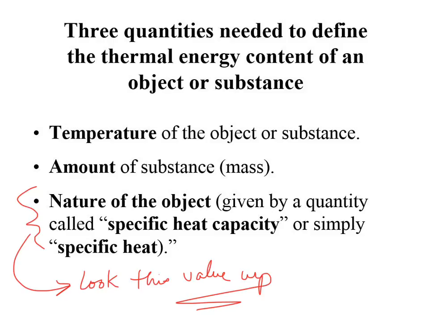You could Google that, and it would tell you what the specific heat of plastic is. So that's the third variable that you need to know if you're trying to nail down how much thermal energy something has: its temperature, its mass, and its specific heat. Specific heat and specific heat capacity are the same.